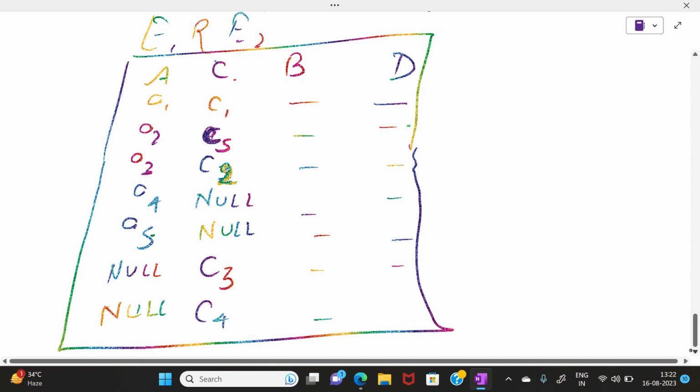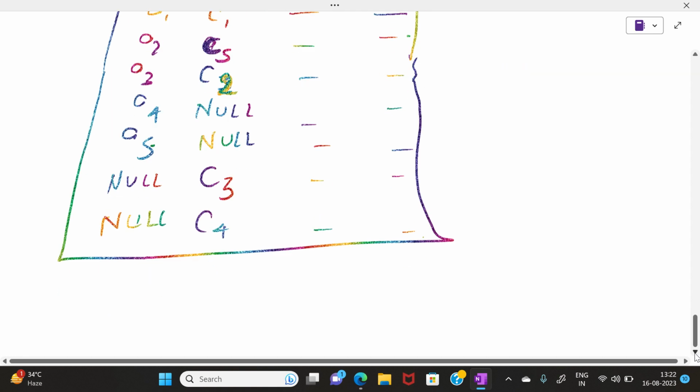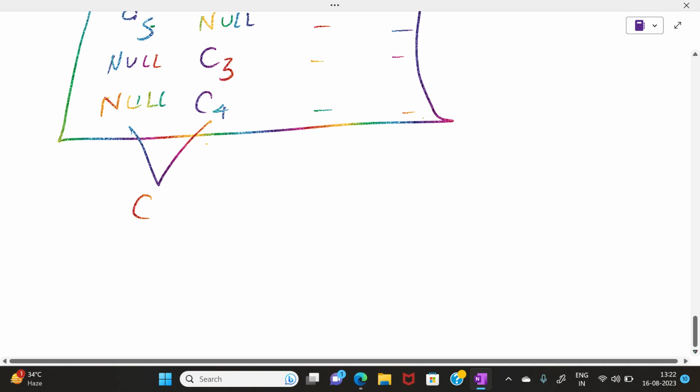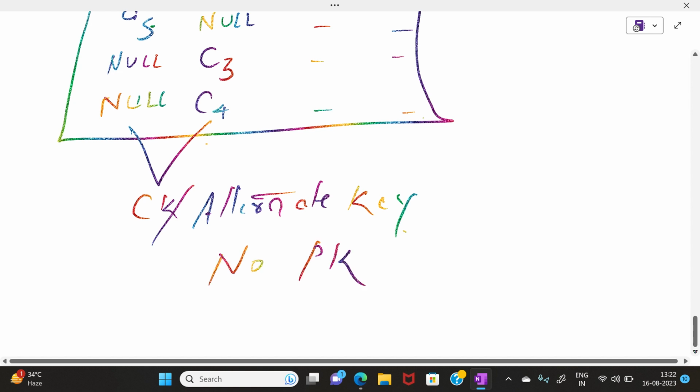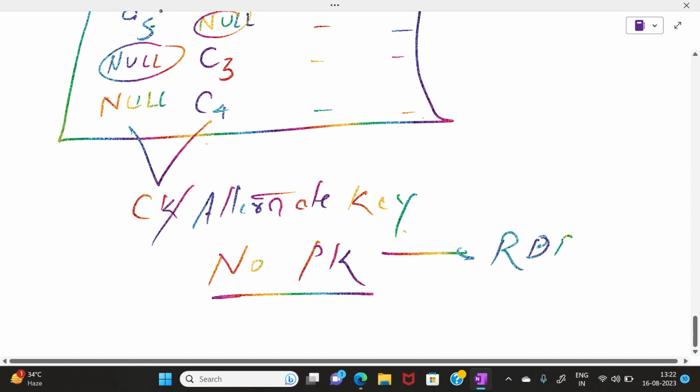Okay, so you see here these two can be considered as candidate keys or alternate keys, but they cannot be treated as primary key because they have these null values there. So no primary key in our RDBMS table design.